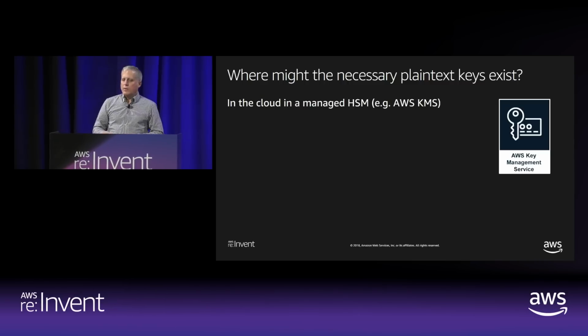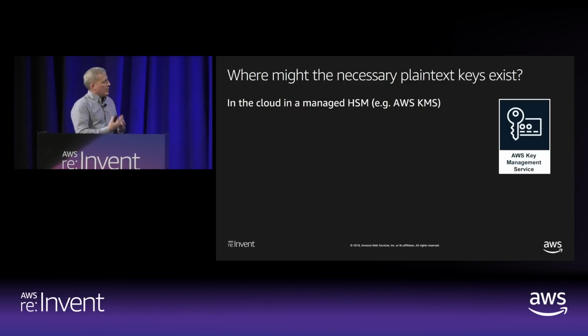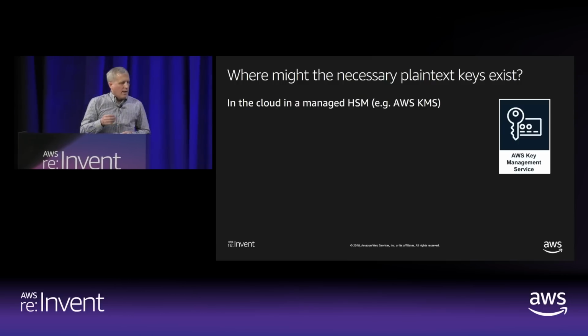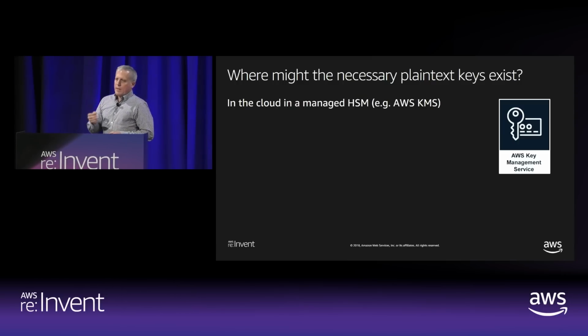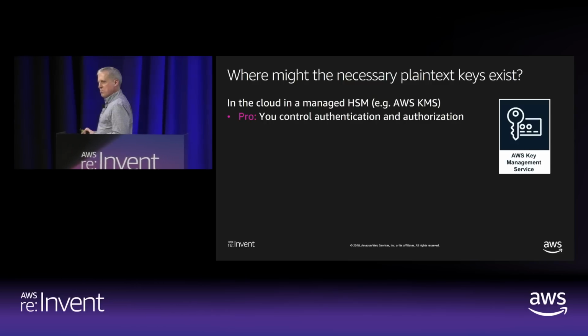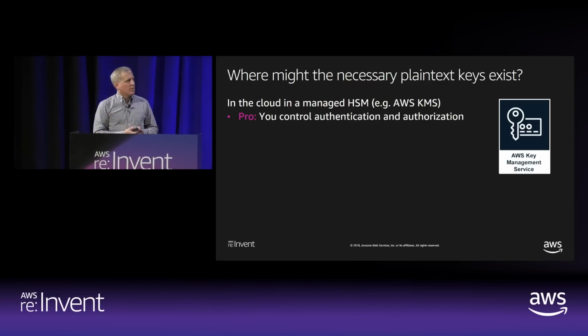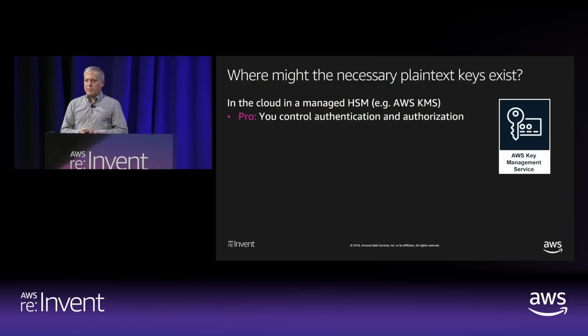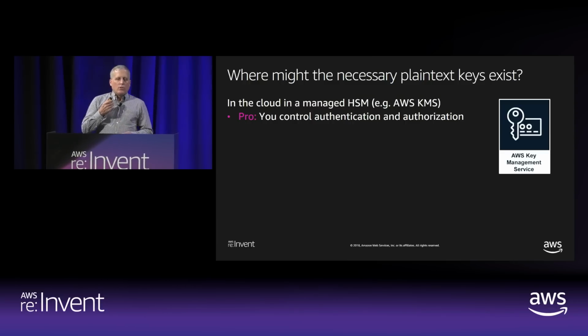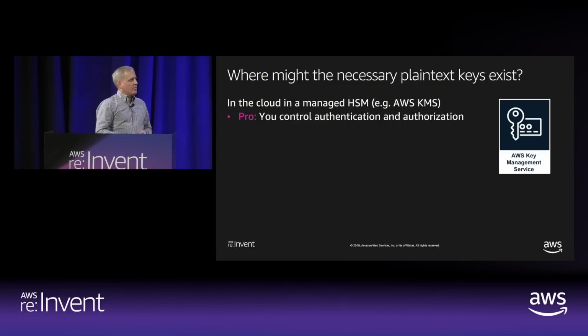So the third option is something that we invented 4.5 years ago with the Key Management Service. The idea is this is a managed HSM, so the key material itself is very safe, right? It cannot be accessed by humans. You also control the authentication and authorization, but now you're going to do it with signature v4 and JSON policies.